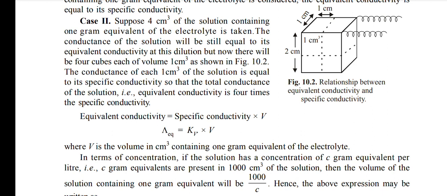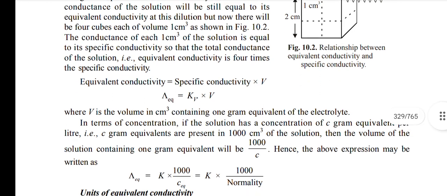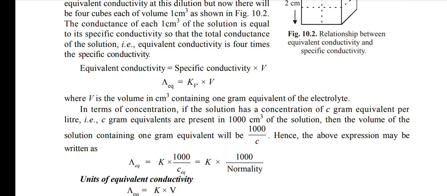The conductance of each 1 centimeter cube of the solution is equal to the specific conductivity, so the total conductance of the solution, that is the equivalent conductivity, is 4 times the specific conductivity. Equivalent conductivity is equal to specific conductivity into V.